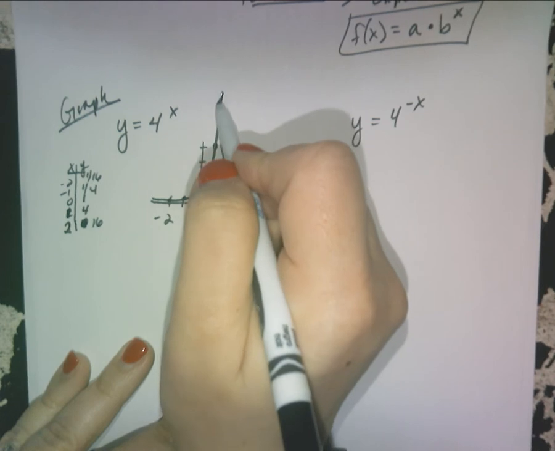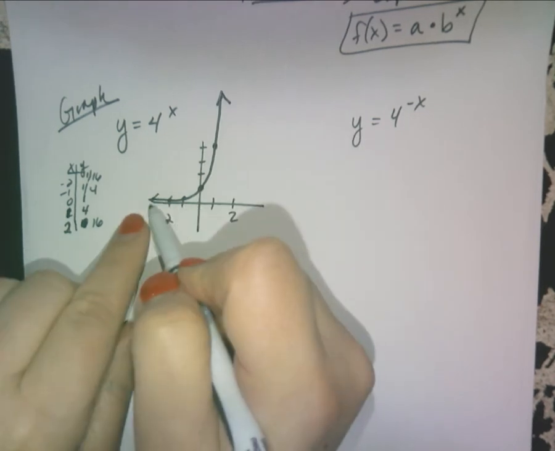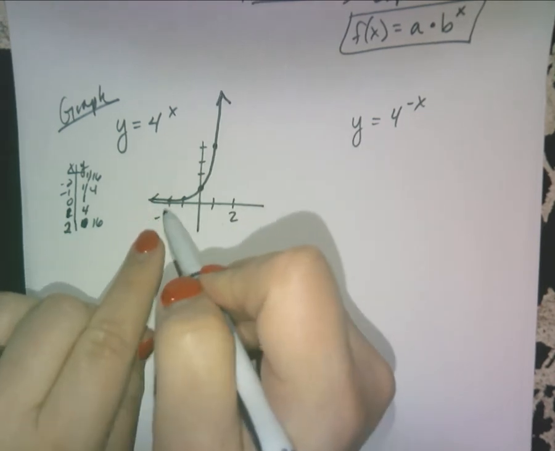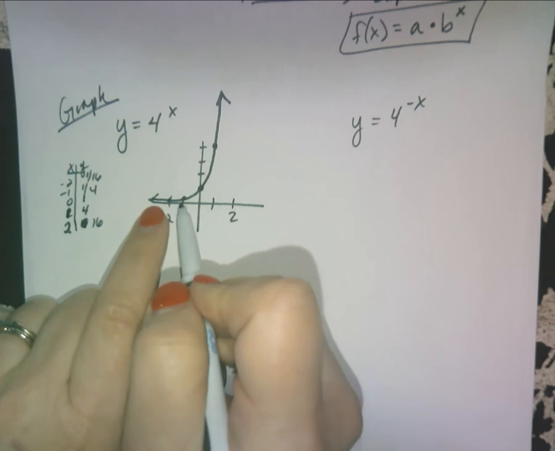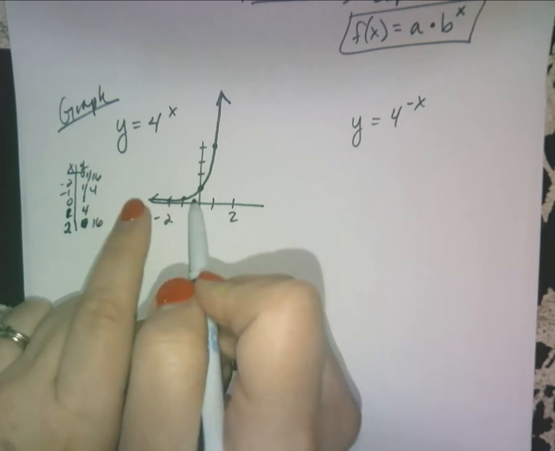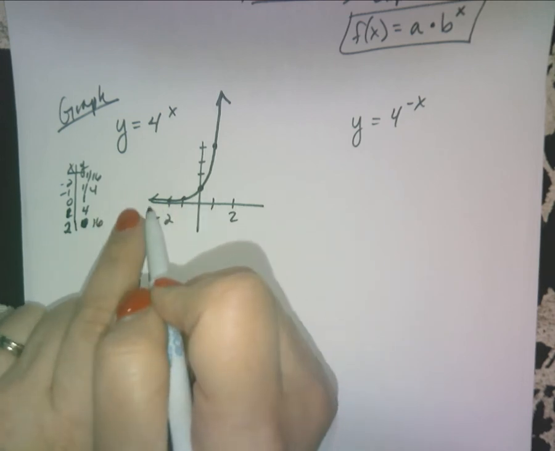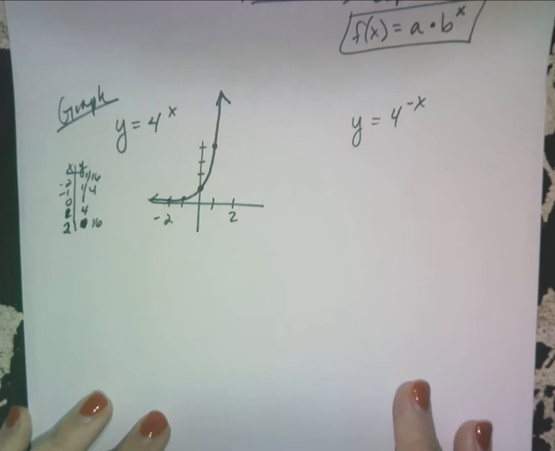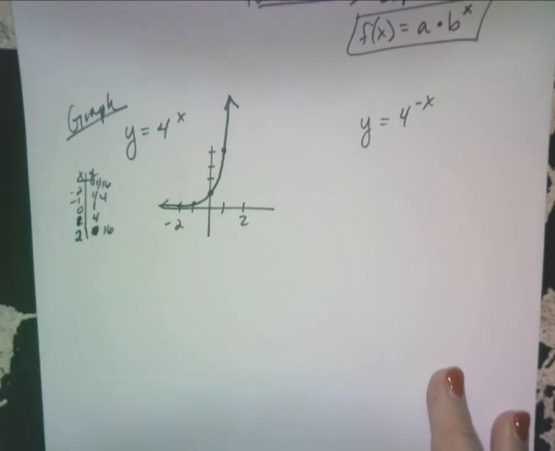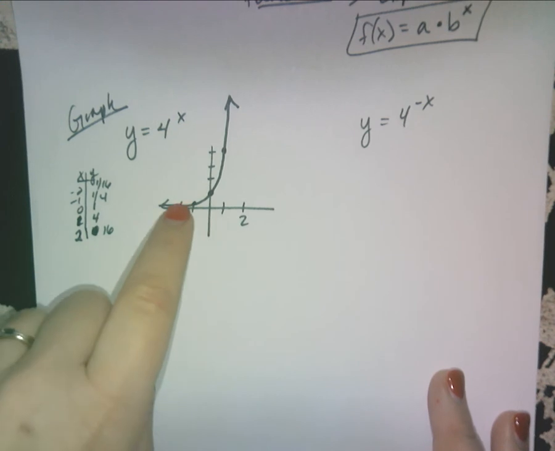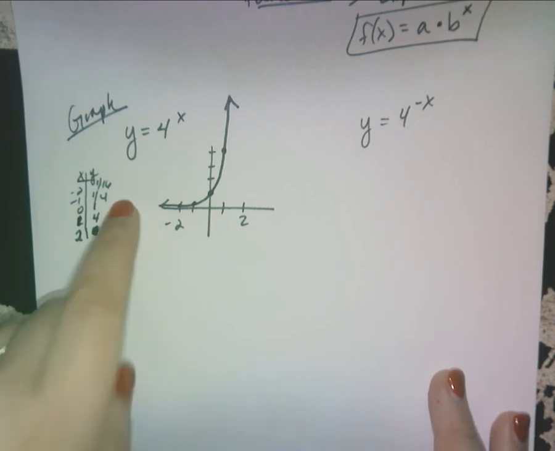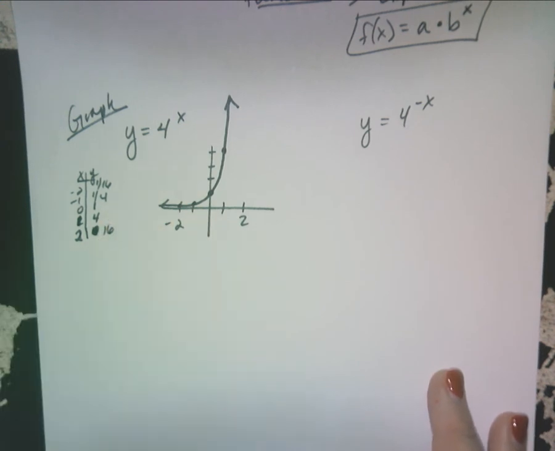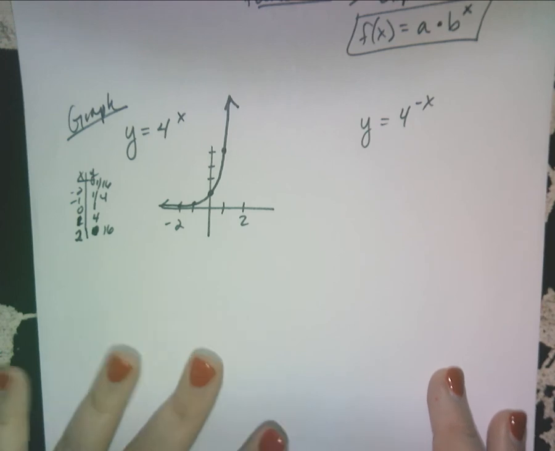Your calculator might make it look like it's touching the x-axis, but we know, because we're smart children, we're never going to touch this x-axis. That's an asymptote right there. It gets very, very close. The end behavior, remember that word? The end behavior of this does approach 0, but it doesn't touch 0 because that's an asymptote for us.